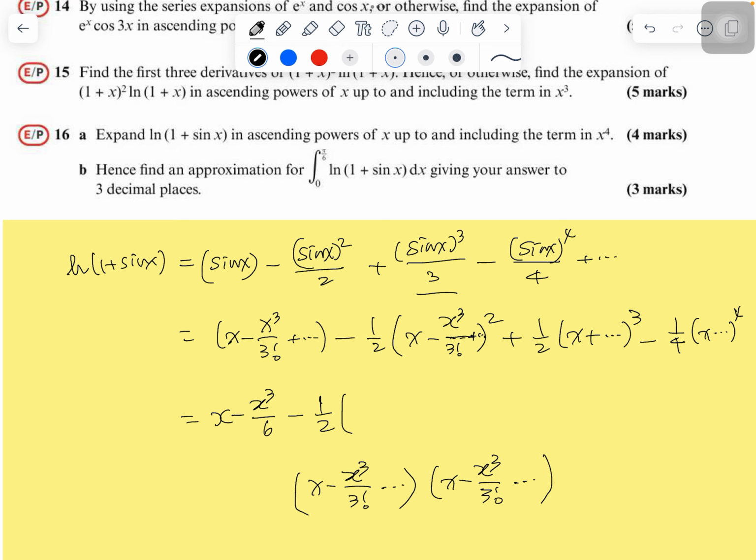And we need only until x to the power of 4. So here x squared and like this is negative x to the power of 6 over 4 over 6, but we have 2, so 3. And we don't need any further terms, plus 1 over 2. We have another one here.